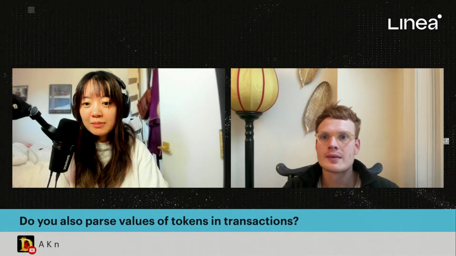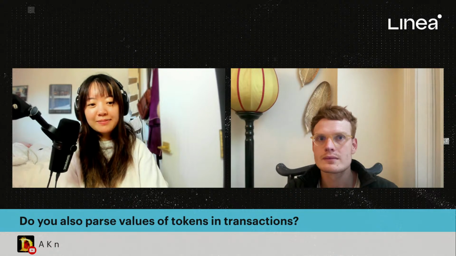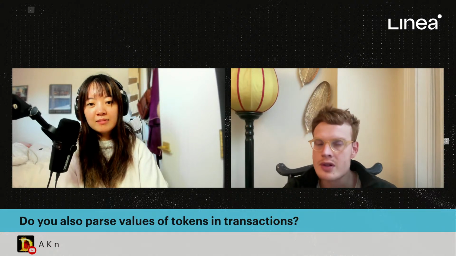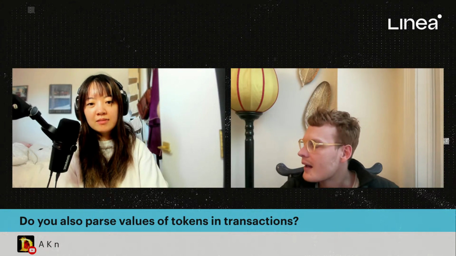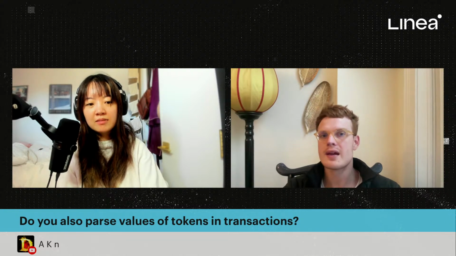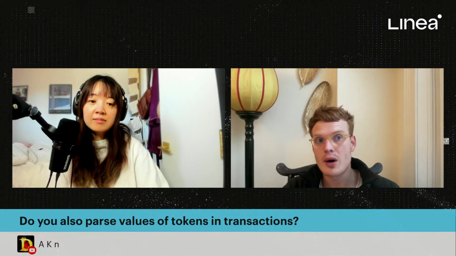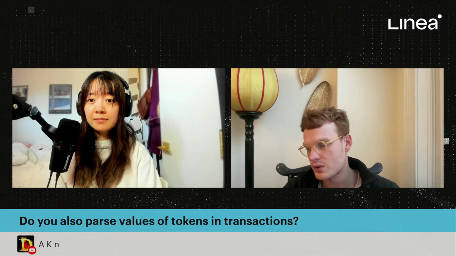Okay, cool. Here's another question. Do we also parse values of tokens in transactions? Yes, if we're using the indexer and you're indexing, say, all ERC20 token transactions, we can parse those values for sure.